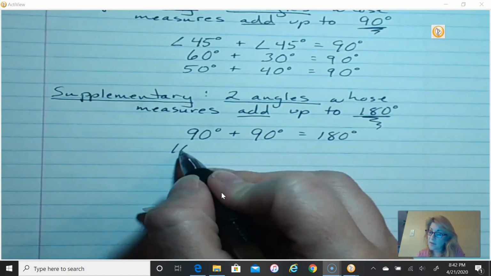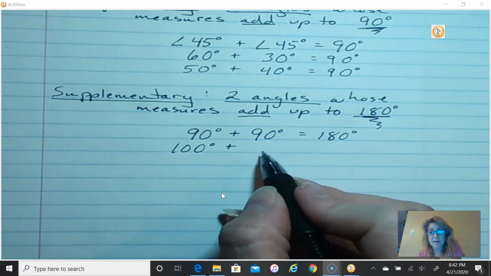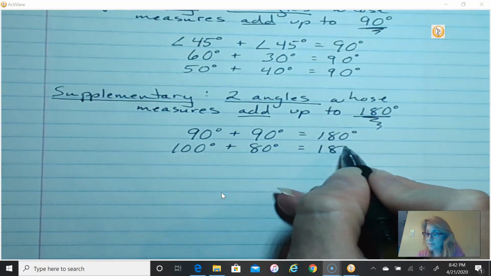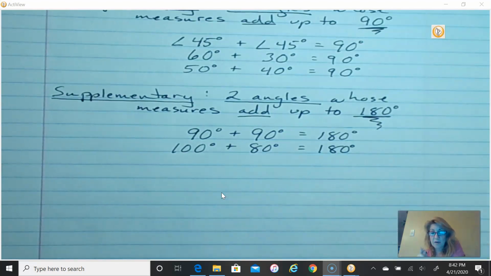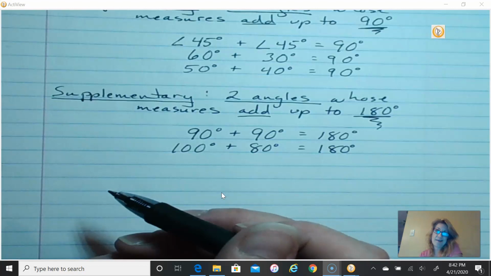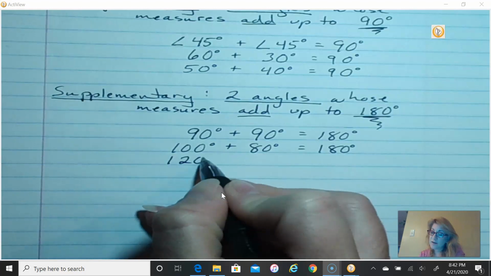What if I had an angle that was 100 degrees? What would the second one have to be? 80 degrees. Those two angles would be supplementary. What if I had a 120 degree angle?